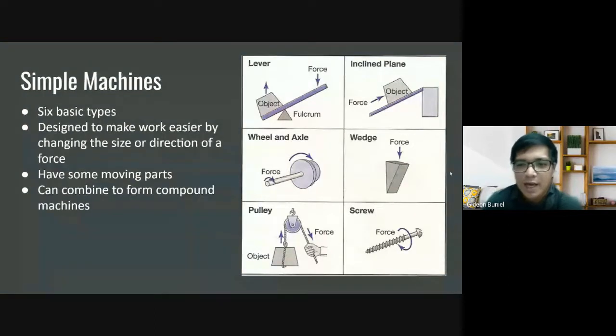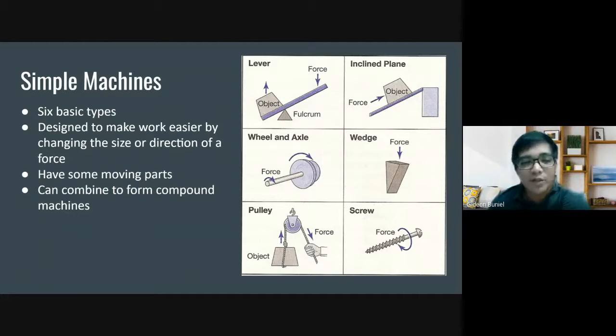And then we have the wedge here. The wedge focuses on, when you apply force, usually a wedge has sharp edges here. So when you apply force, you cut something out from it, like a scissor.